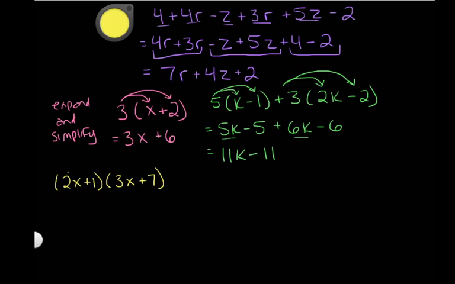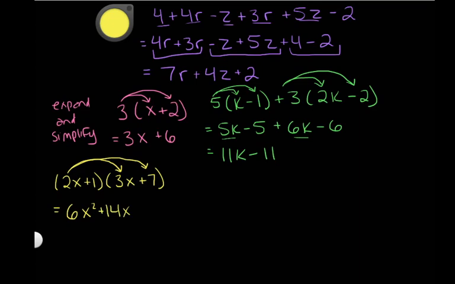If I do 2x times 3x, I get 6x squared. Remember that when I'm multiplying these two x's, I have to add my exponents. This is a 1 and this is a 1, so I get a 2. I added 1 plus 1. Now 2x times 7 is going to be 14x. There's no x on the 7, so I'm just multiplying my numbers and keeping the variable.